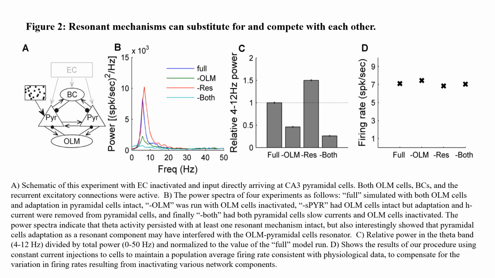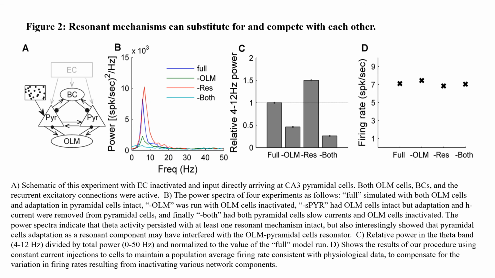The power spectra indicate that the theta activity persisted with at least one resonant mechanism intact, but also, interestingly, showed that the pyramidal cell adaptation is a resonant component that may have interfered with the OLM pyramidal cell resonator. In figure C, we show the relative power in the theta band divided by the total power, and then normalized to the value of the full model run.